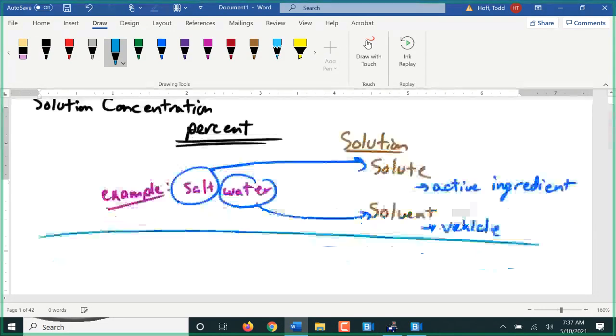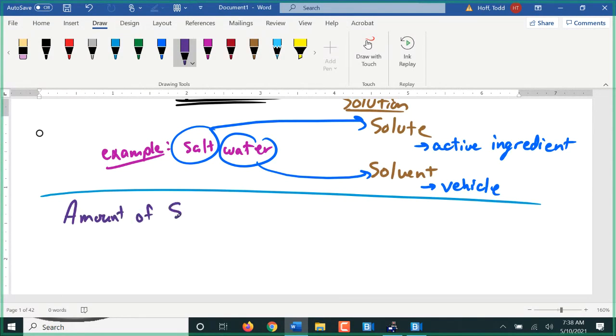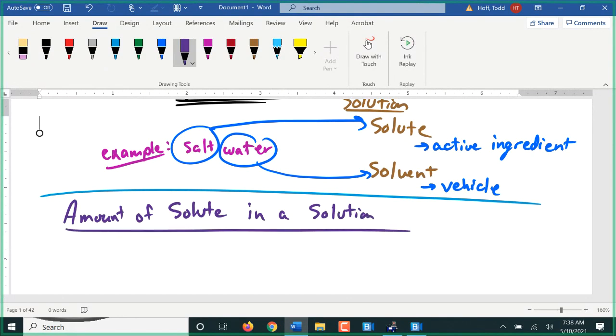So the amount of the solvent, that's solute. Right, solute is the amount of solute in a solution.